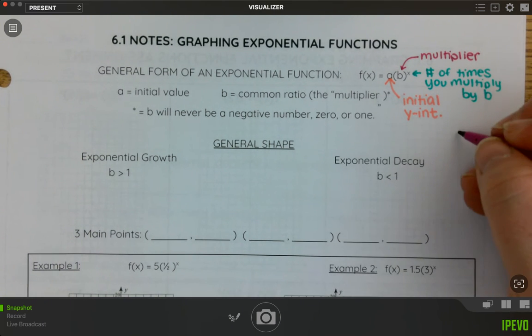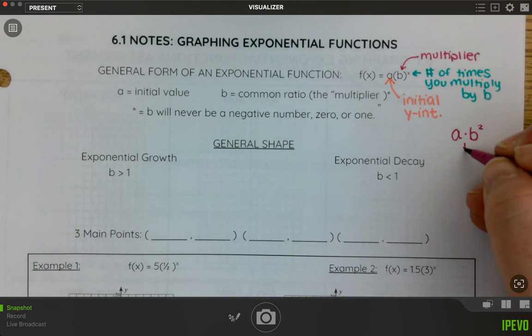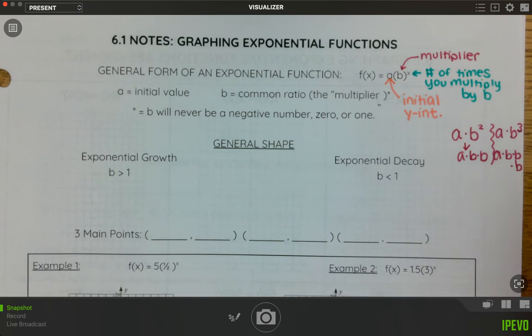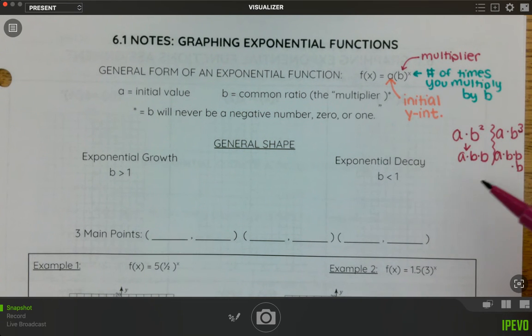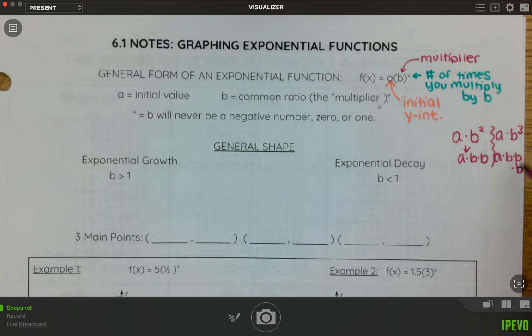If you have a times b squared, that means the same thing as a times b times b. Whereas if you have a times b to the third, that's a times b times b times b. So all that exponent is doing is saying how many times you're multiplying by b. But this is way easier to write than this, especially as that becomes a bigger number.